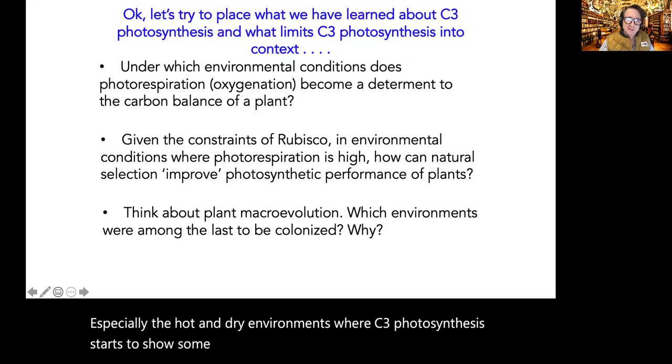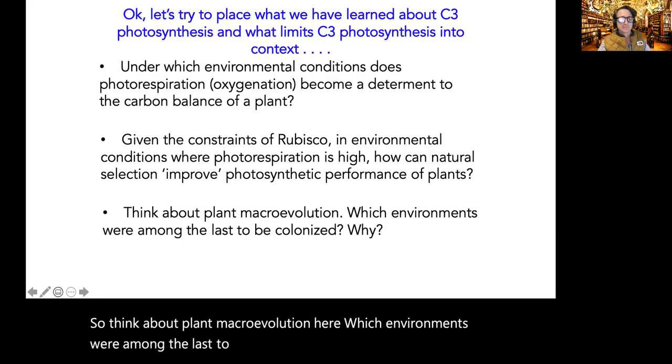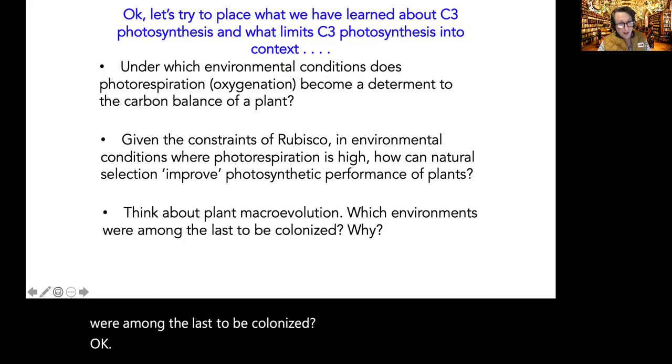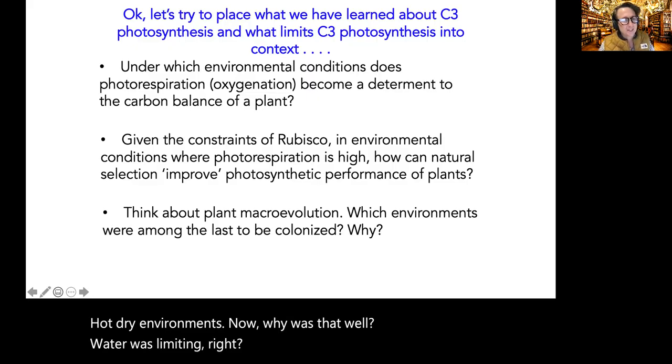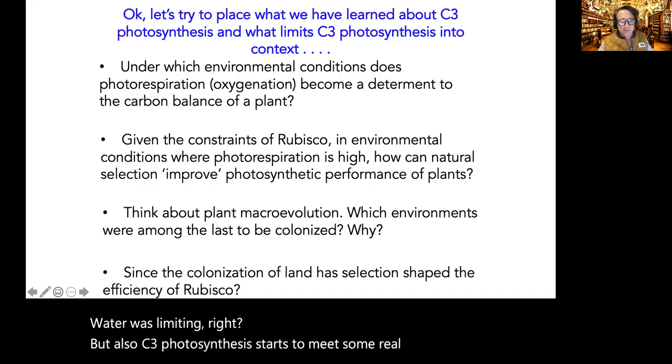So think about plant macroevolution here. Which environments were among the last to be colonized? Hot, dry environments. Now, why was that? Well, water was limiting, but also C3 photosynthesis starts to meet some real challenges within these environments.